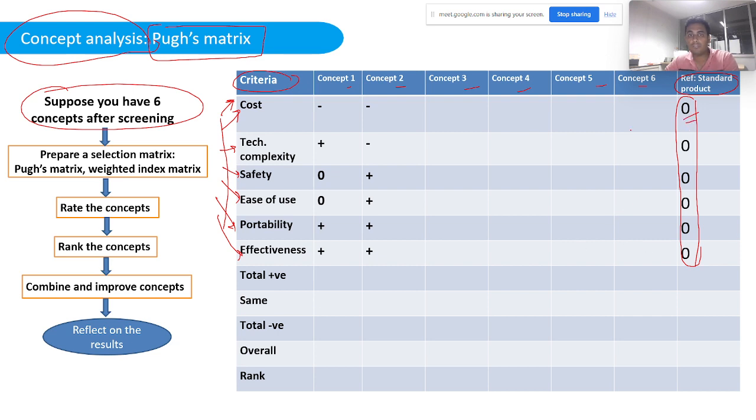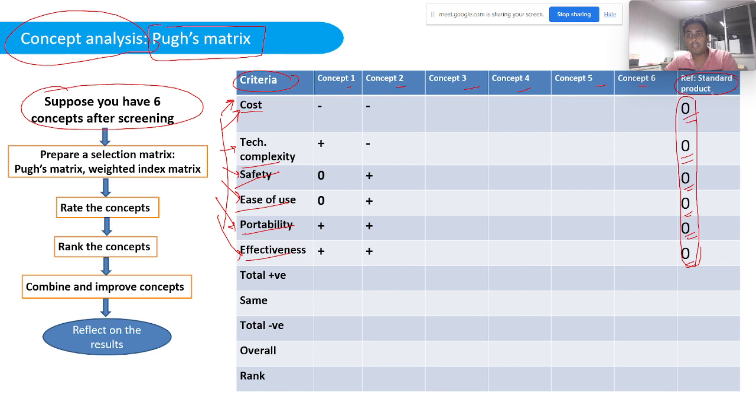So for all the values, in terms of cost, we say okay, this is whatever it is. 0 means this is not bad, not good. Technical complexity, not bad, not good. Safety, not bad, not good. Ease of use, not bad, not good. Portability, these are like the various features I was talking about. Effectiveness, not good, not bad.